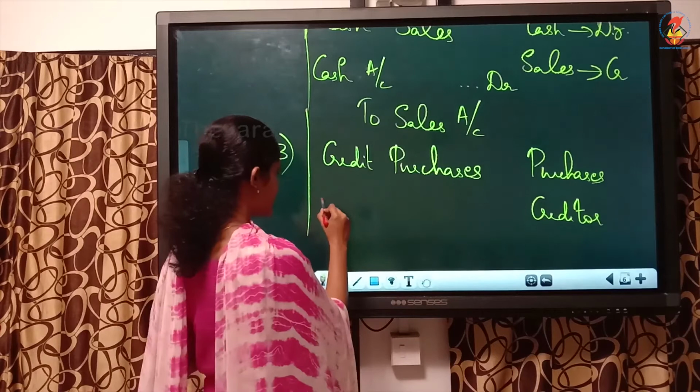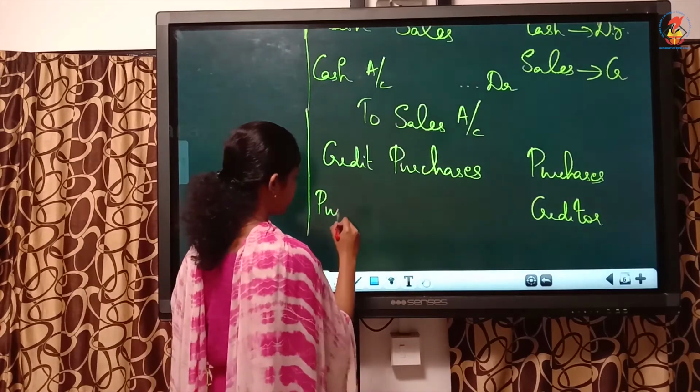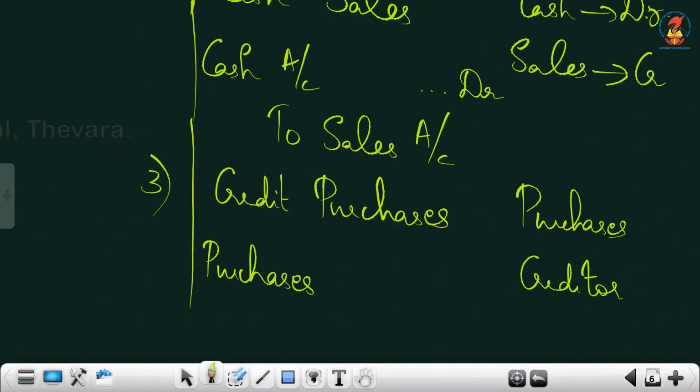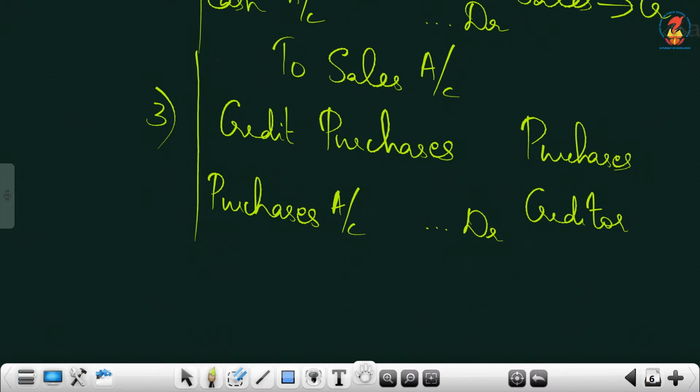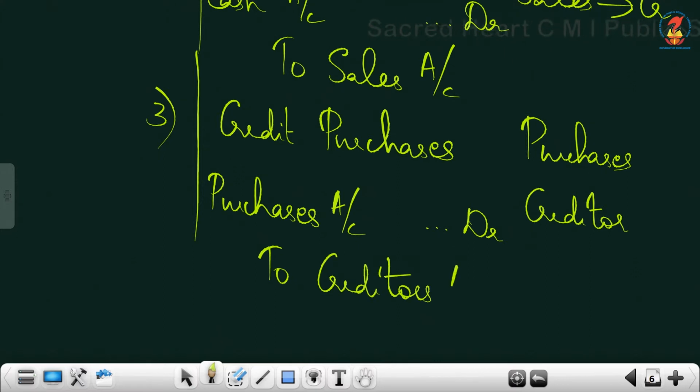So the journal entry would be purchases account, leave some space and put 3 dots, debtor, the next line leave space on the left side, then you write the credit item, that is creditors account.